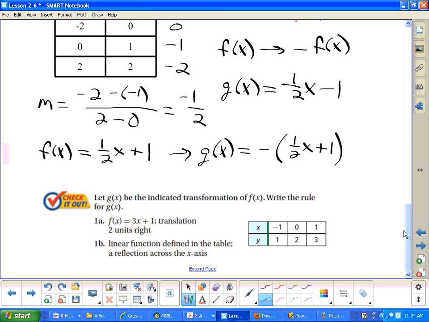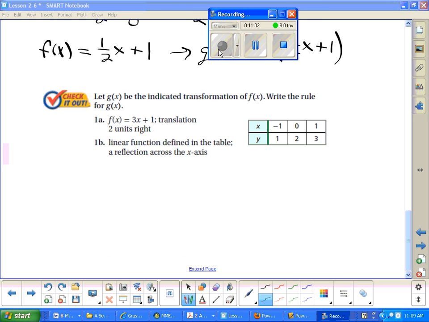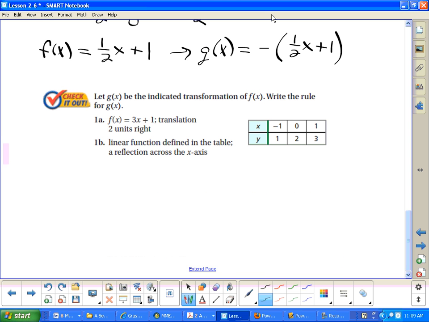Okay, I want you to do both of these. Letter A says the translation of 2 units to the right. That means we're going to take f of x, and it's going to become f of x minus 2, because in this case, h is equal to 2 because we moved it to the right. So that means h is plus 2. If we moved it up, then we would say k was plus 2.